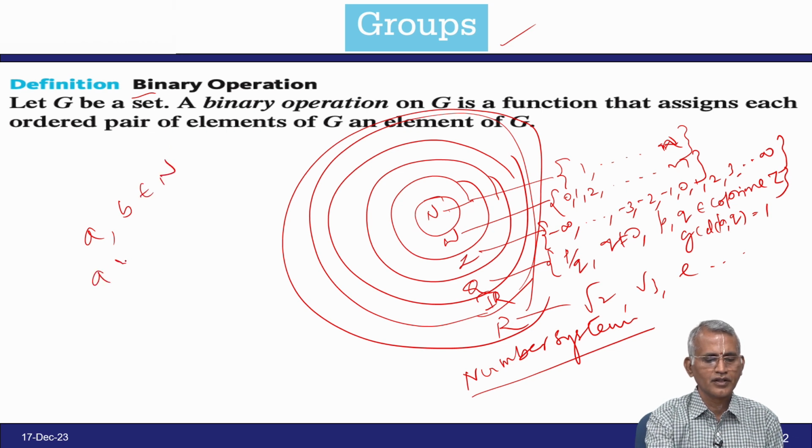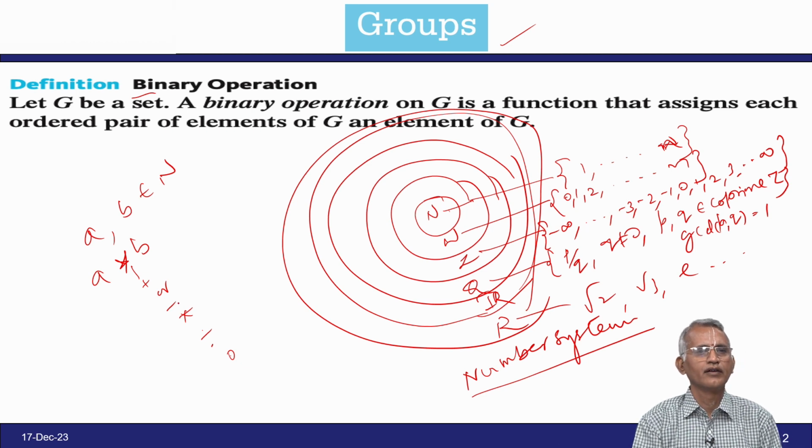Then we write a star b, in the sense that star may be the binary operation, it may be plus or minus, or multiplication or division, or some other operator, dot, circle, like that. You can introduce any operation as you wish. So, that operation is based on your definition.